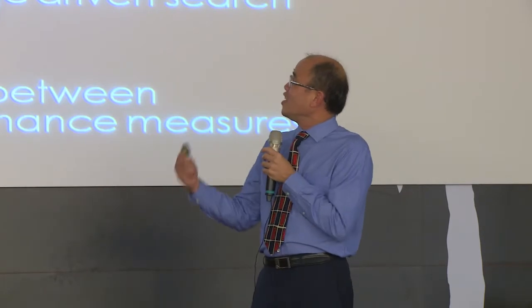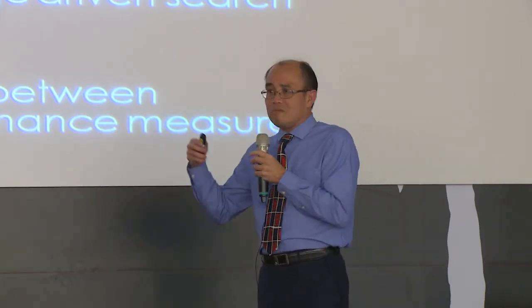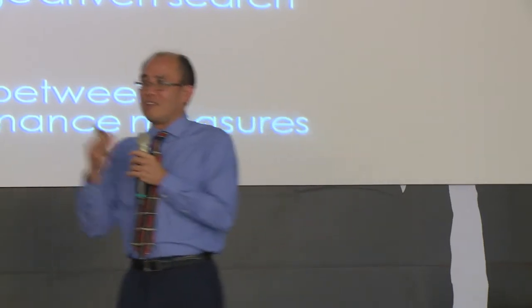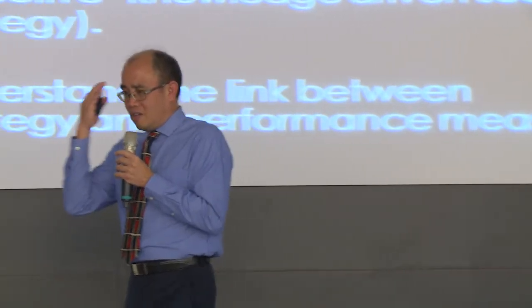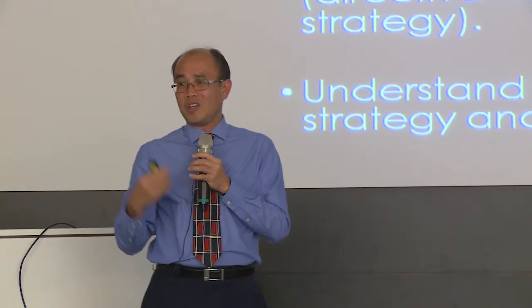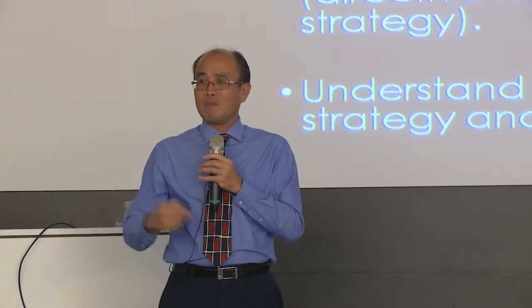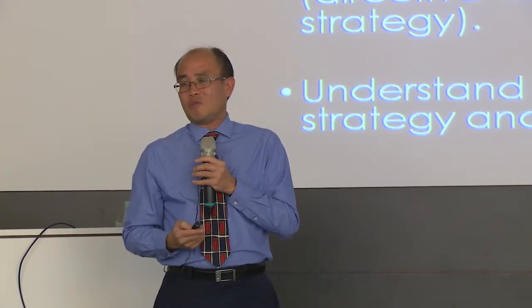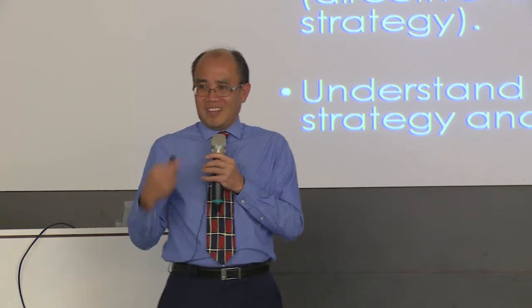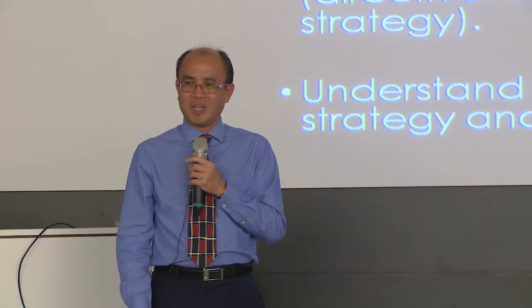Provide training based on expert information, and make sure that they understand the link between the strategy and the performance measures before we let them do their job. Otherwise, we suffer this feedback loop system where they make a mistake, it incurs so much cost, and then they can take the corrective action.